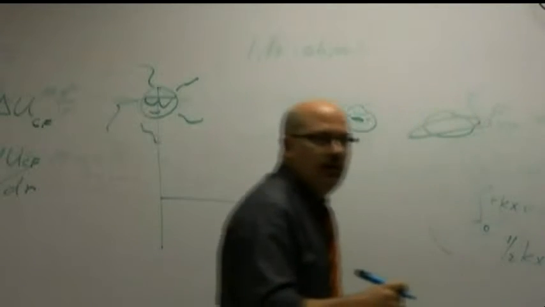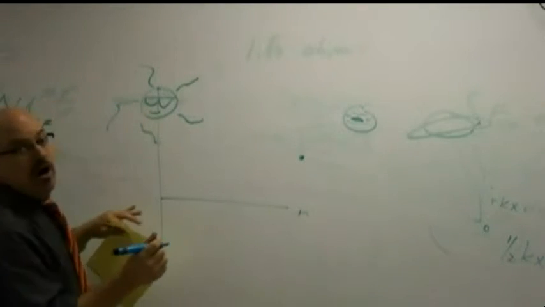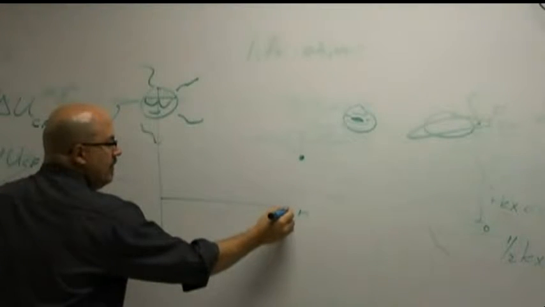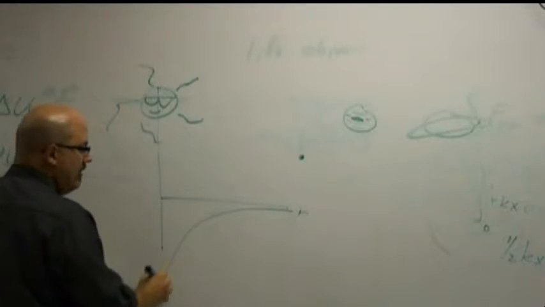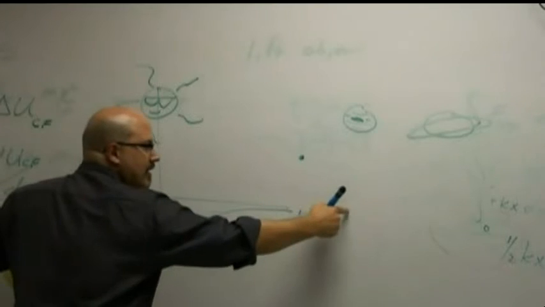It's negative. These are all constants, and you've got 1 over r. So it's going to look like this, right? It goes asymptotically to 0, and it goes asymptotically towards infinity. But it won't go to infinity.